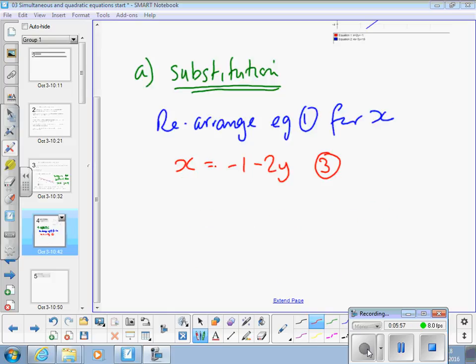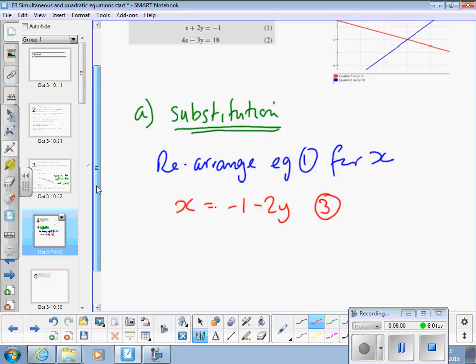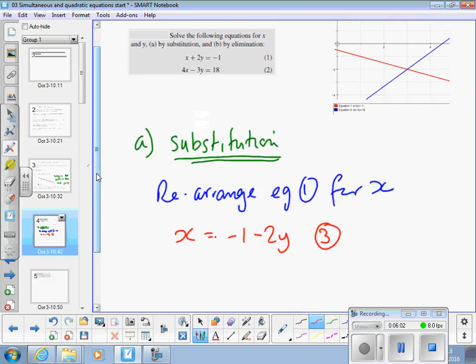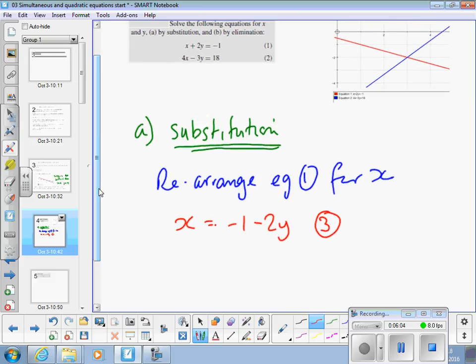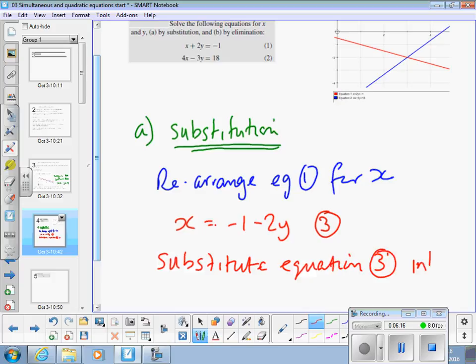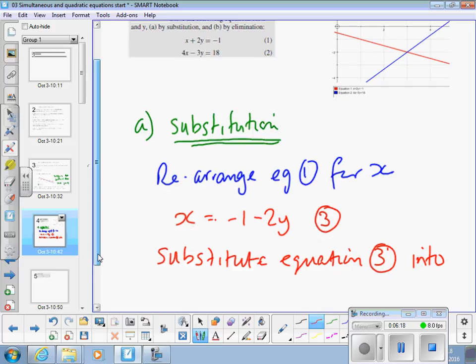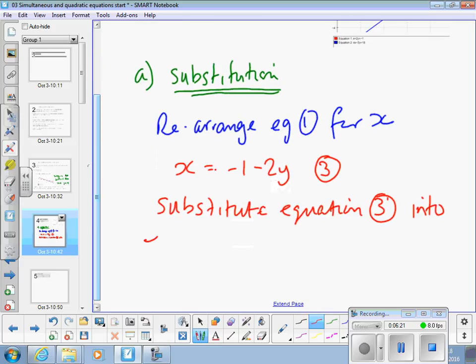Okay. What we then do is substitute equation 3 into equation 2 for x.